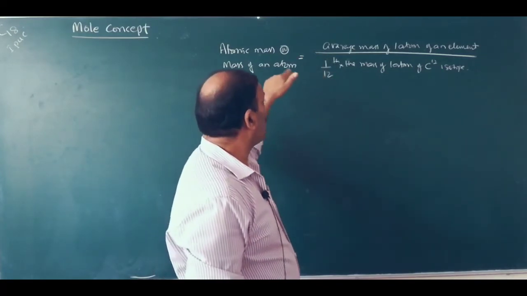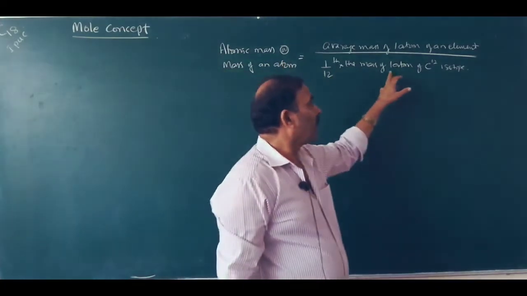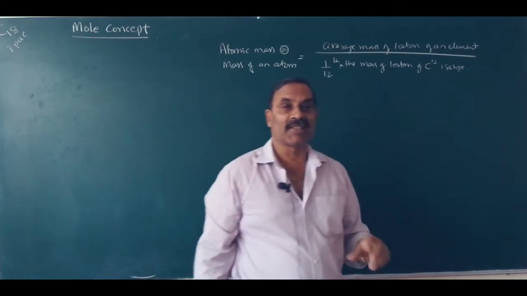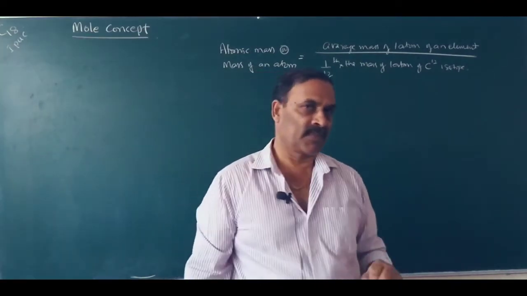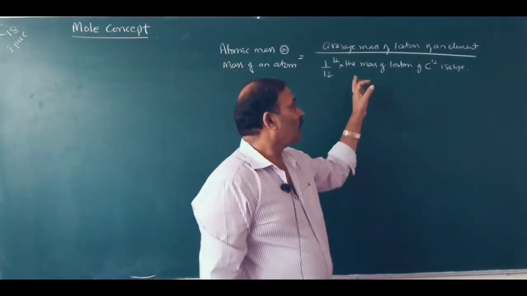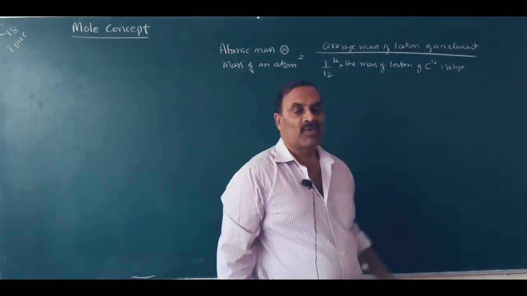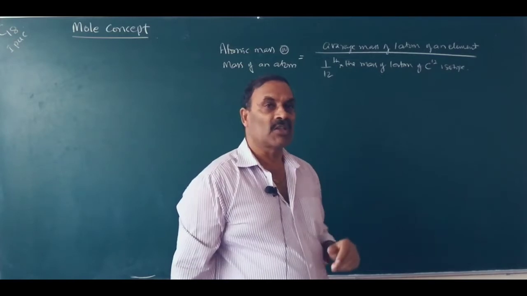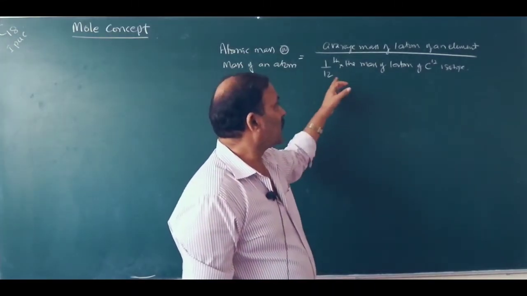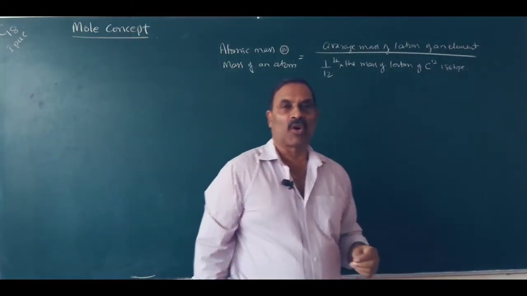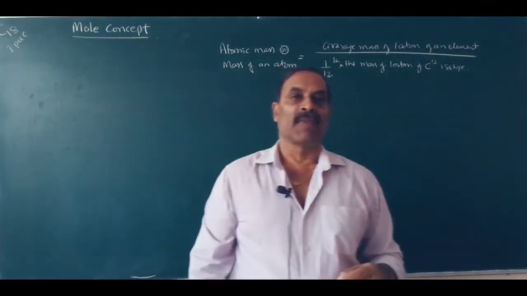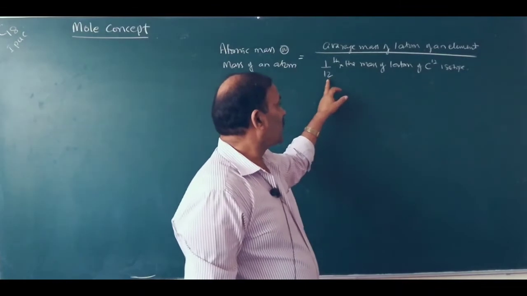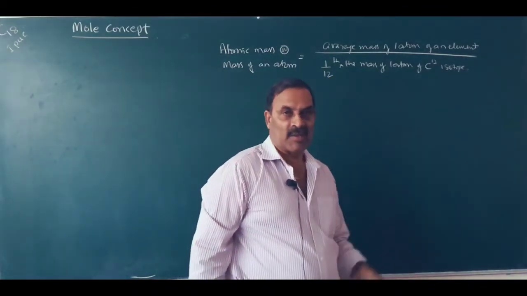So, for the determination of atomic mass, one atom of carbon 12 isotope is considered as the standard, and also the mass of one atom of carbon 12 isotope is considered as exactly 12 atomic mass units. Then 1/12 the mass of one atom of carbon 12 isotope is known as one atomic mass. 12 divided by 12 is equal to one atomic mass.